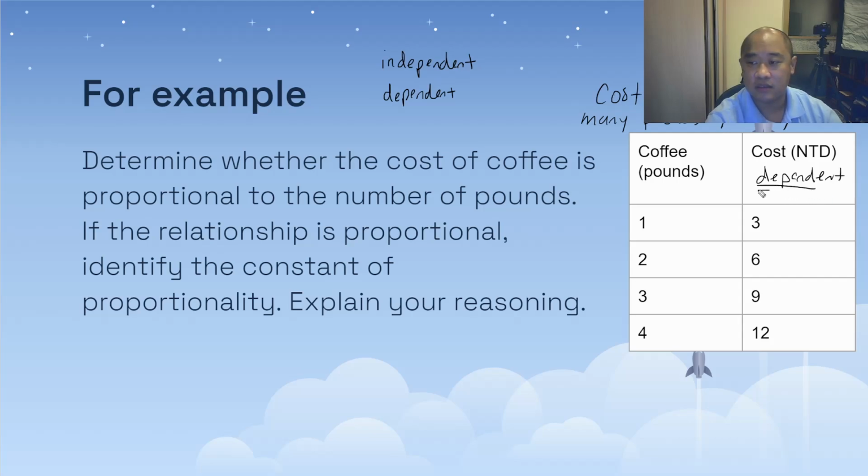It depends. Which means that the number of pounds that you buy is the independent. So, now that you know that, the independent variable is always the x.